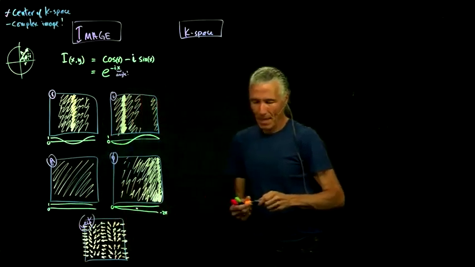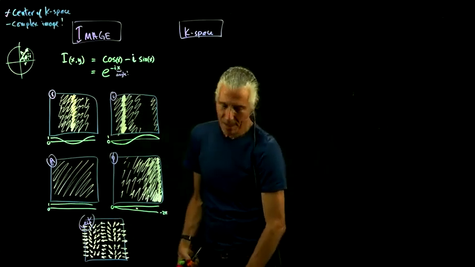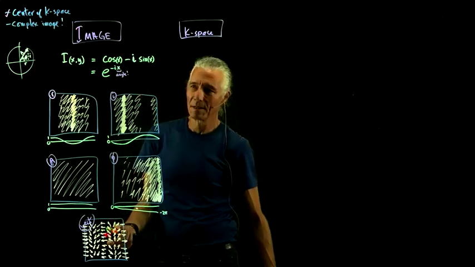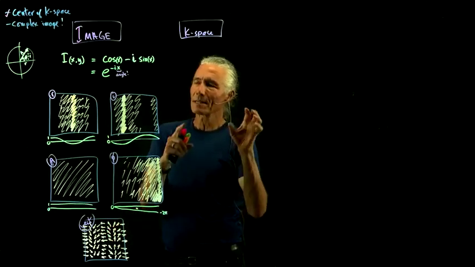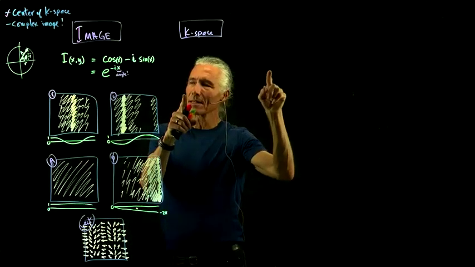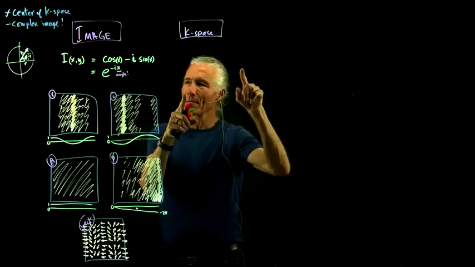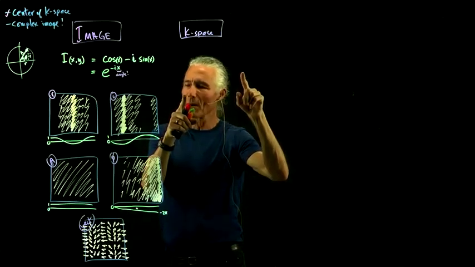So what's the kSpaceCenter here? Remember, the kSpaceCenter is stick in 0 for k. So if you stick in 0 for k, you're going to be multiplying by 1, by real 1.